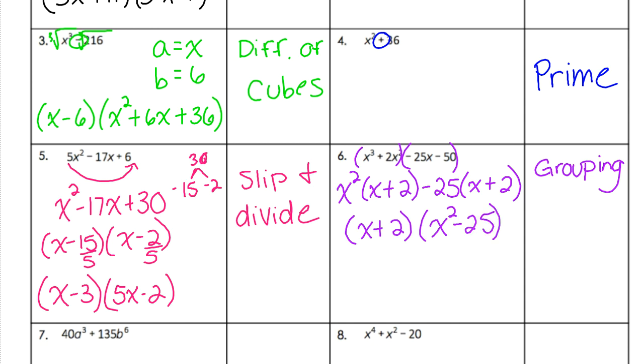Now, I factored by grouping, but I noticed that I still have a quadratic in this second one, and that quadratic is actually factorable again because it's a difference of squares. So I am going to do a difference of squares now on that second polynomial, or second binomial.